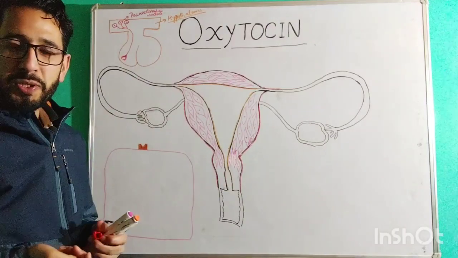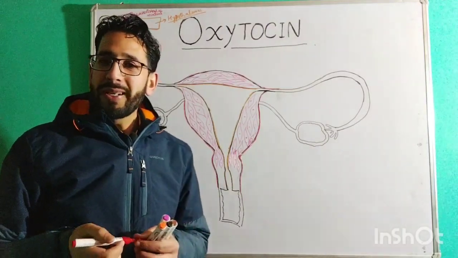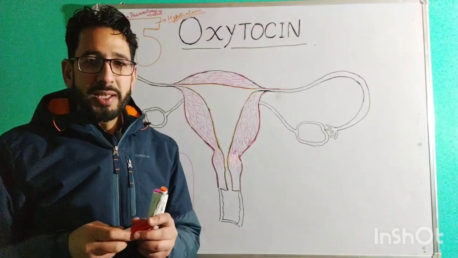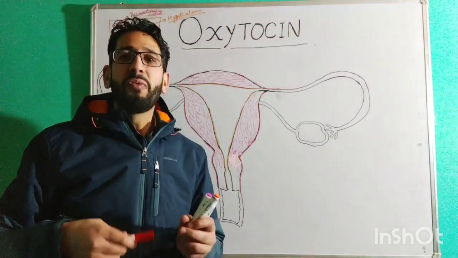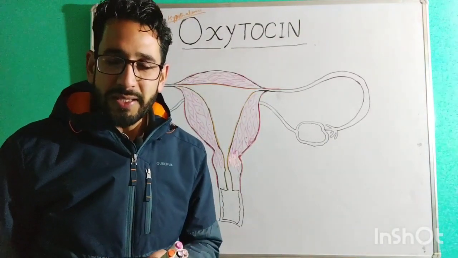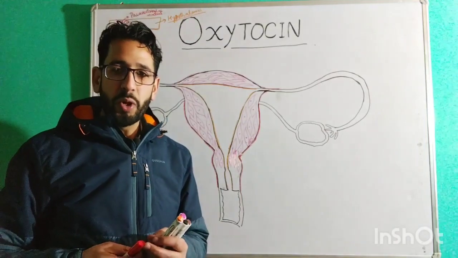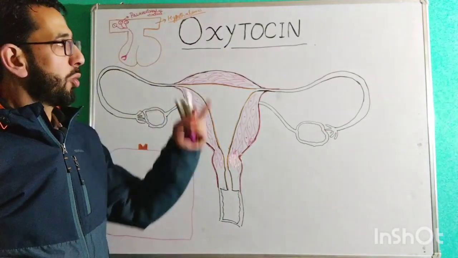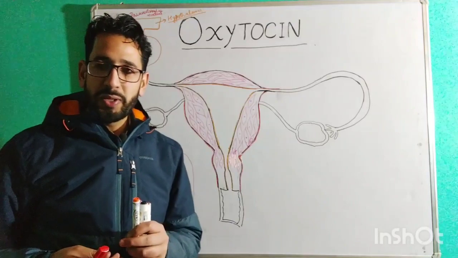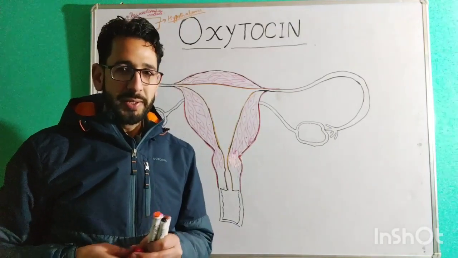And the posterior pituitary gland is involved in the secretion or release of two hormones. One hormone we have already discussed is antidiuretic hormone, and the second hormone, which we are going to discuss today, is oxytocin.